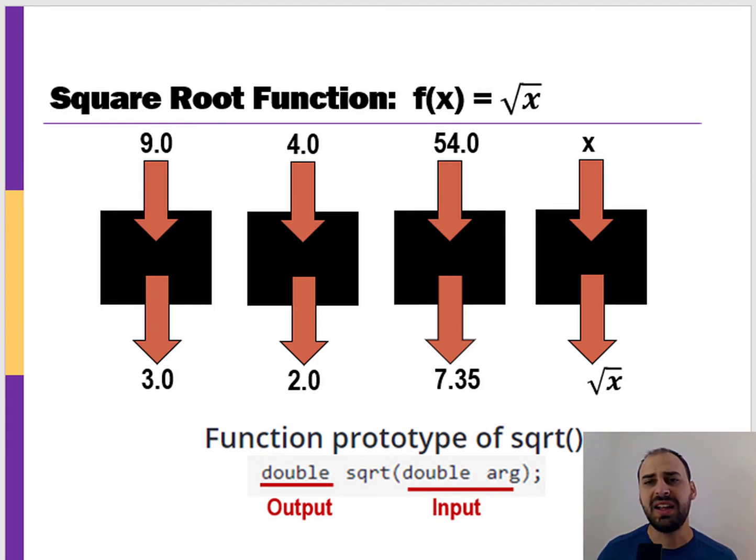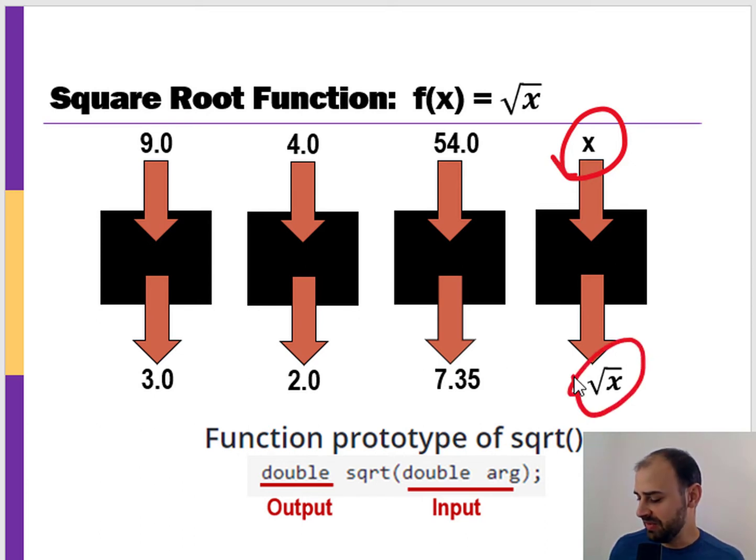It's not hard coded to only work with one value. It's going to work with whatever value that we pass in that's a valid input, whether we're passing in 9 or 4 or 54. In this case, we'll call that x, and it's going to take the square root of that. It makes sense, that's effectively what a square root does.